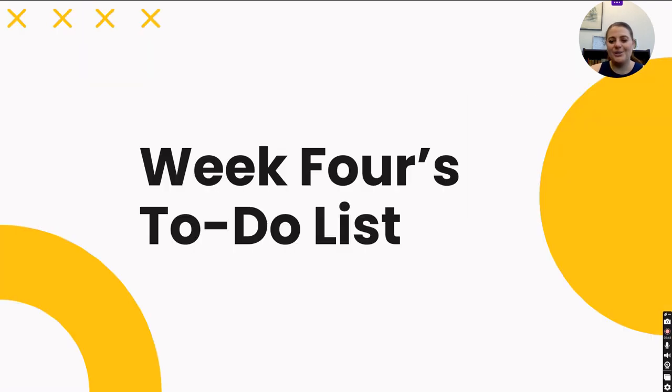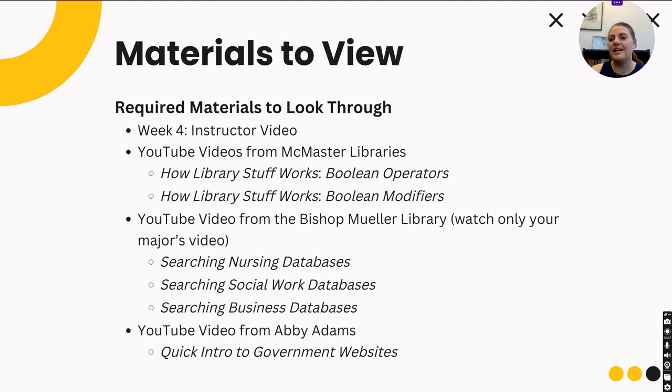So for this week's to-do list, we have materials that I need you to be looking at. First we have our instructor video. We have 2 videos from McMaster Libraries, which is How Library Stuff Works, so our Boolean operators and Boolean modifiers videos. A YouTube video from Bishop Mueller Library, so please watch only your major's video: searching nursing databases, searching social work databases, or searching business databases.